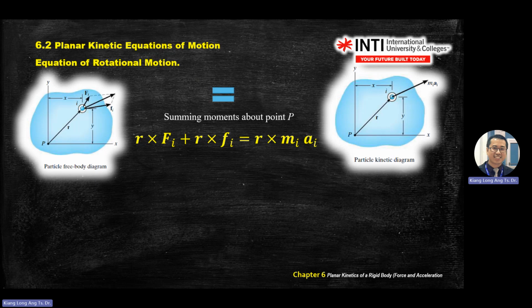If you see cross, it means it's a three-dimensional or vector question. On the left-hand side, we derive all the moments at P, all the moments from the point P referring to i. On the right-hand side, we continue to copy.